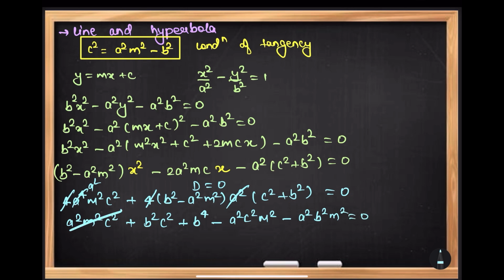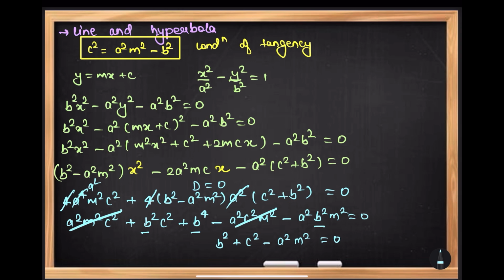Now look at this. a square m square c square, a square m square c square. This thing is gone. Now can I divide both sides by b square? Because here also b square, here also b square, and here also b square. And you know that b square cannot be 0. So you can divide. So we will have b square plus c square minus a square m square equals 0.